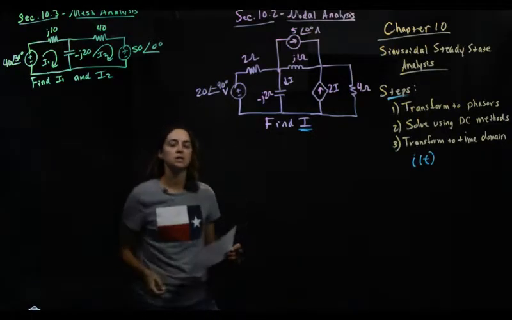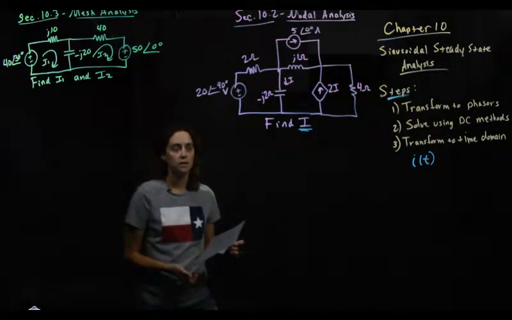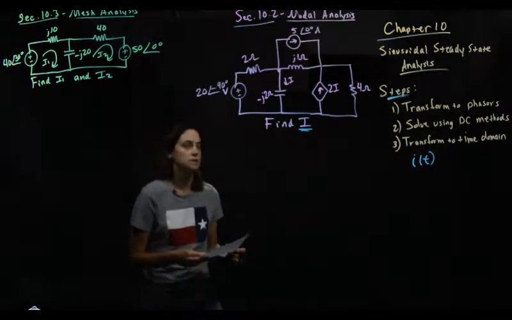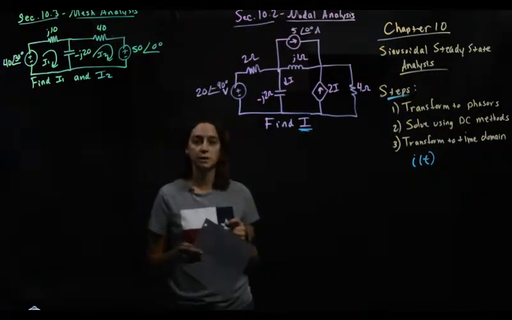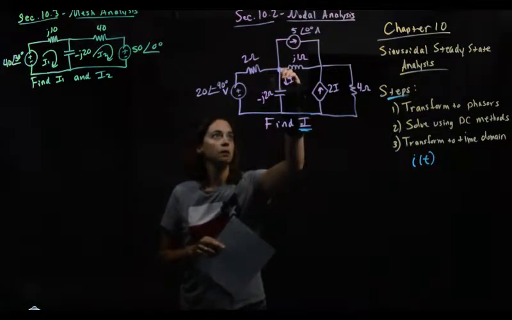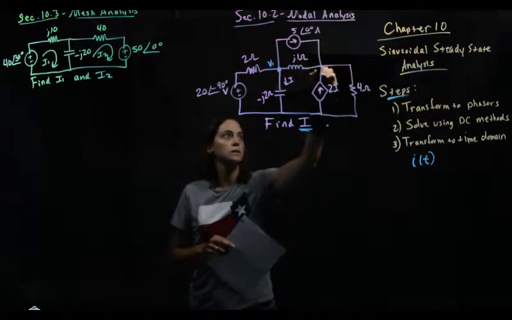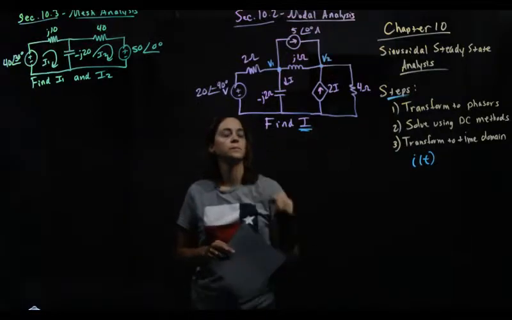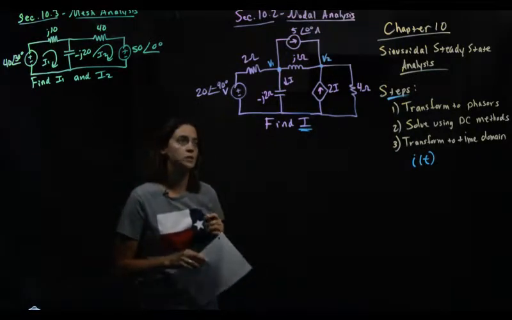This first one is from section 10.2. It's on nodal analysis, so we want to write nodal for this circuit. Remember, first step of nodal, label the non-reference nodes, V1, V2. Now we want to write our nodal equations.